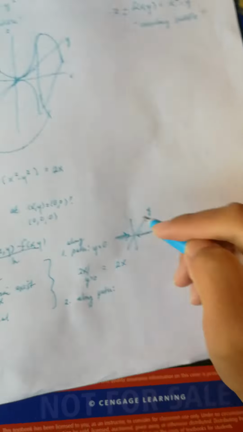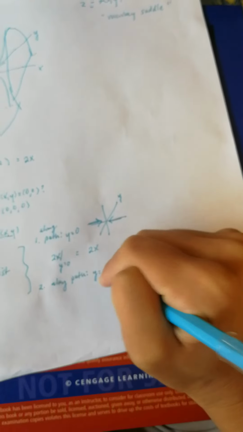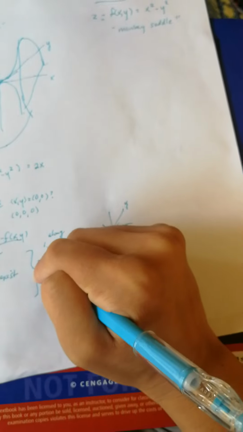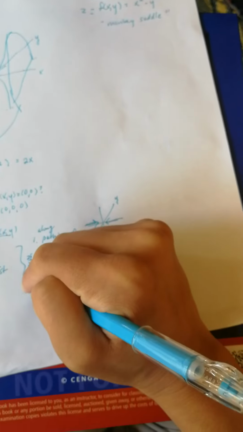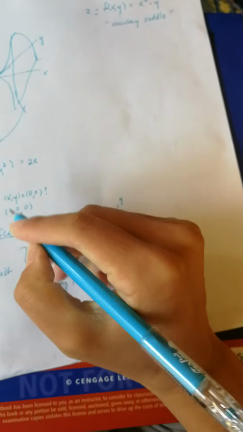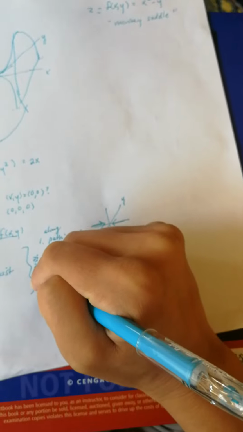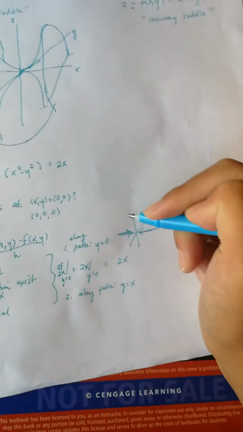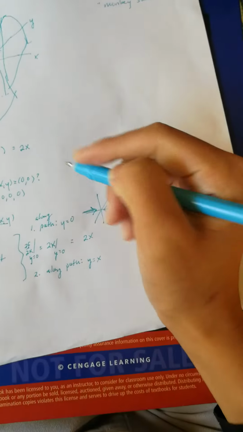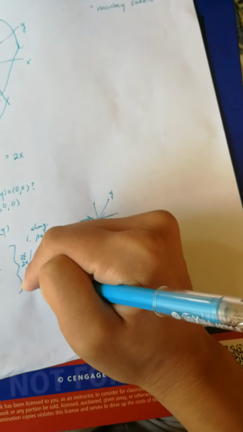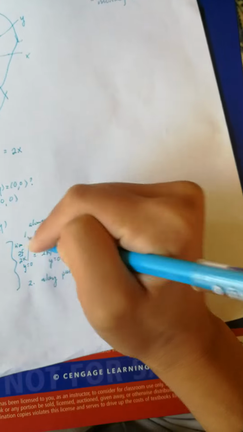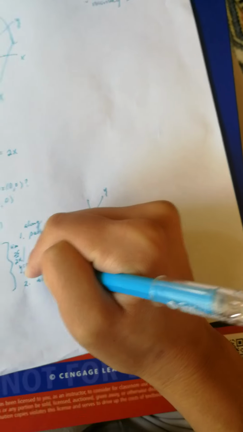Now let's calculate along the path y equals x. So this is partial f, partial x, along y equals 0. It's actually taking a limit as h approaches 0 and y equals 0.